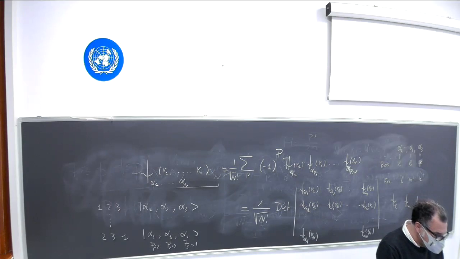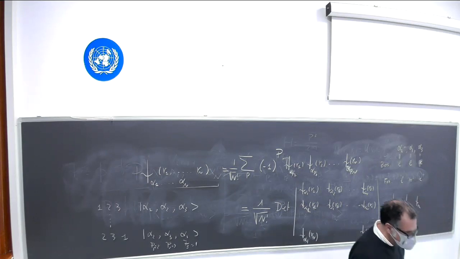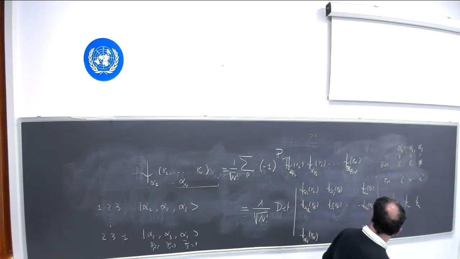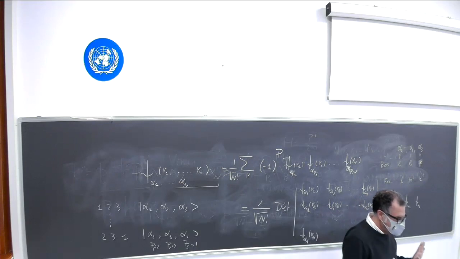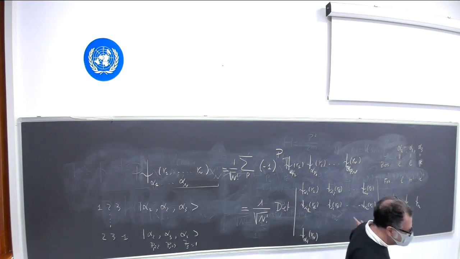Now, I think Jonah's question leads me to one observation which is very important. What I wrote here is only valid for independent electrons, so these electrons do not interact. If we have interacting electrons, of course, this does not apply because the wave function cannot be expressed as a simple combination of single-particle ones.